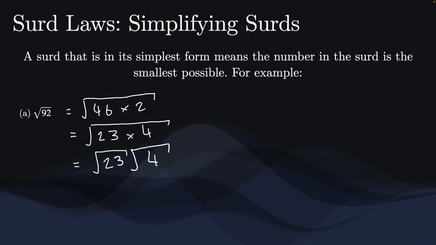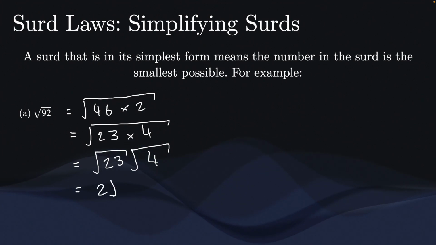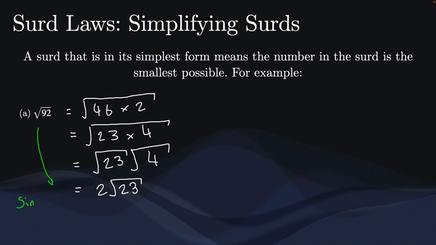What's the square root of 4? Well, the square root of 4 is very simply just 2, because 2 squared, or 2 times 2, is 4. Therefore, our simplified version of this is given by 2 root 23. Simplified.